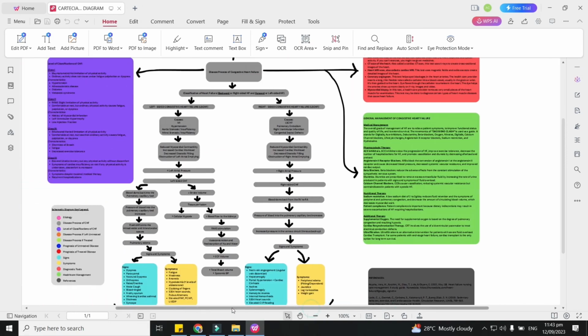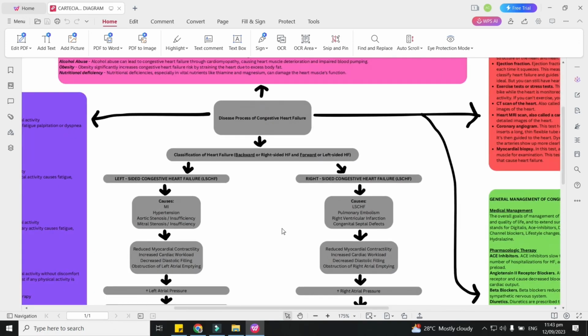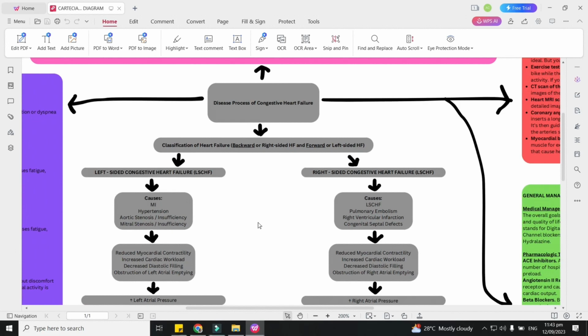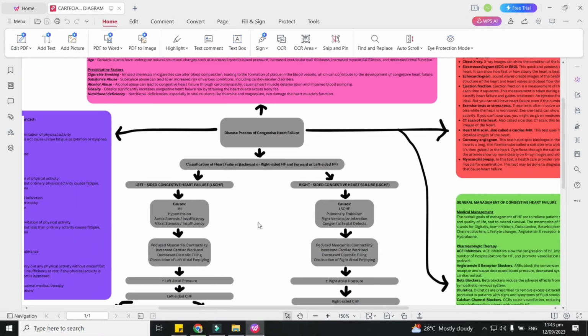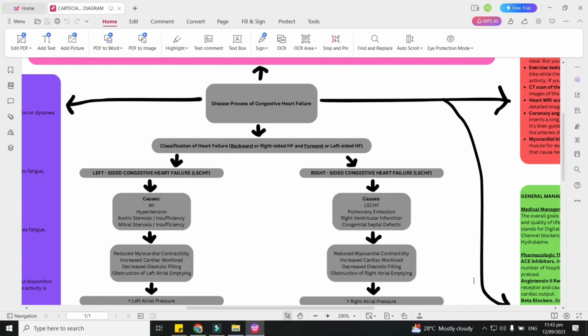Okay, now onto the big chunk of our schematic diagram. Of course, the disease process of congestive heart failure. So we will be knowing more. Okay, let's proceed without further ado. Let's do this.